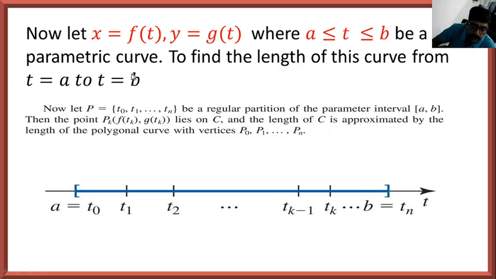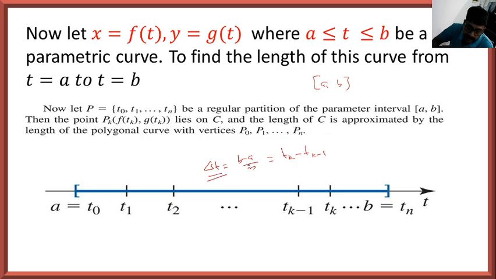Now, first we derive a formula for finding the length of a curve in parametric form. First, we divide this parameter interval, closed interval ab, into finitely many equal subintervals of length, say, delta t, which is equal to b minus a divided by n, so each interval t k minus 1, t k is of length t k minus t k minus 1.